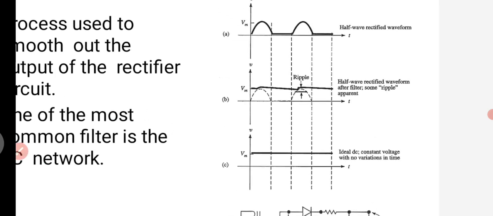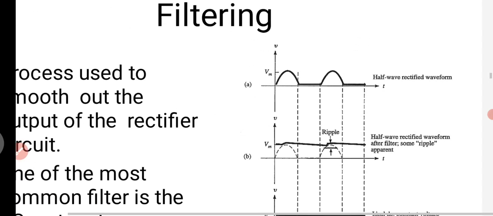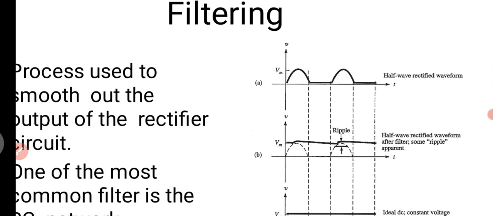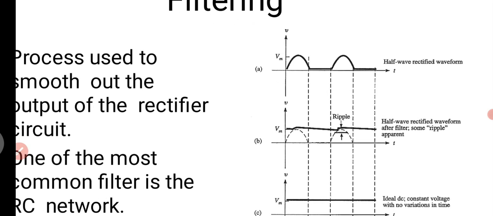So look at the waveform or graph in this picture. The first one is half wave rectifier output. Next is half wave rectified waveform after filter. So this is the output of the half wave rectifier.